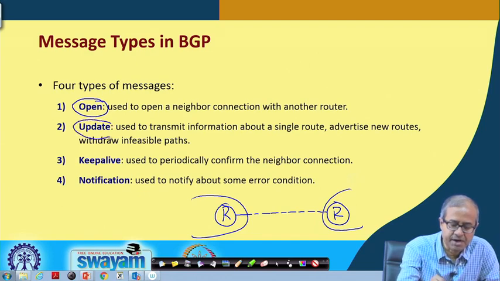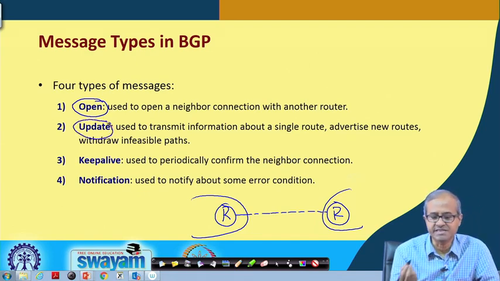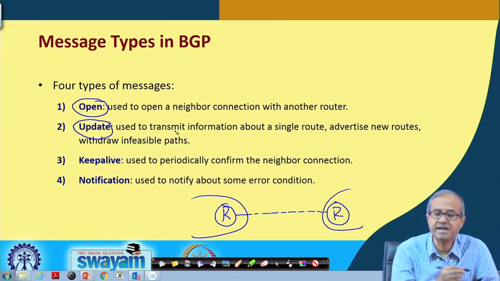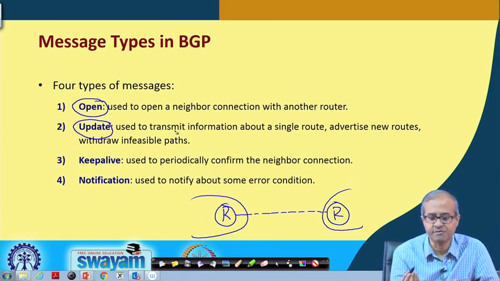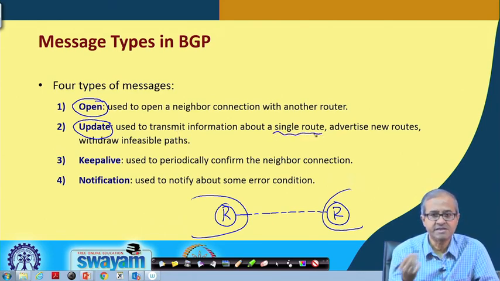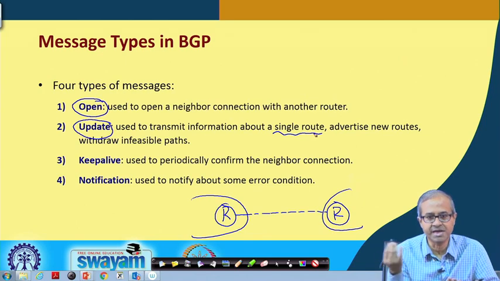The update message, as the name implies, sends information about changing routes. So, they can transmit various kinds of information, like about a single route, the route changes, some link goes down, some link comes up.